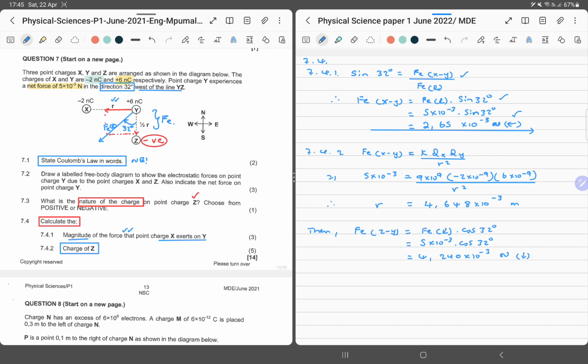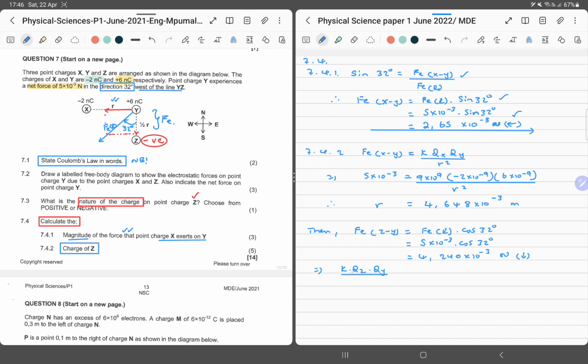Now that we know this force, what can we say this implies? How do we do the electrostatic force in general? We know that the electrostatic force is basically K times Q1, which is now times QZ, which is what we want, times QY, all over R squared.